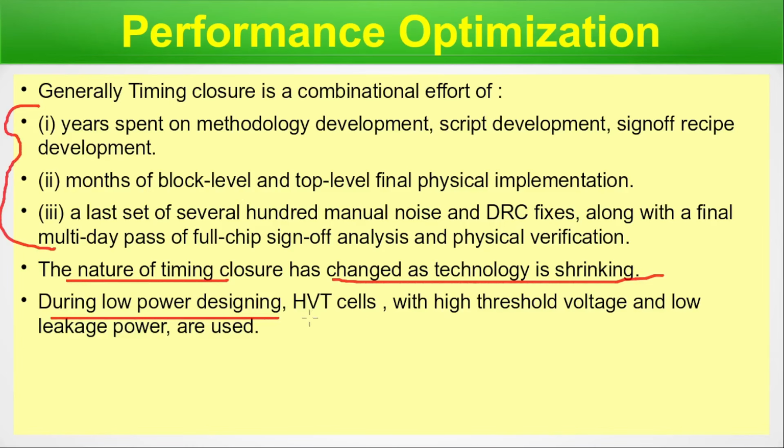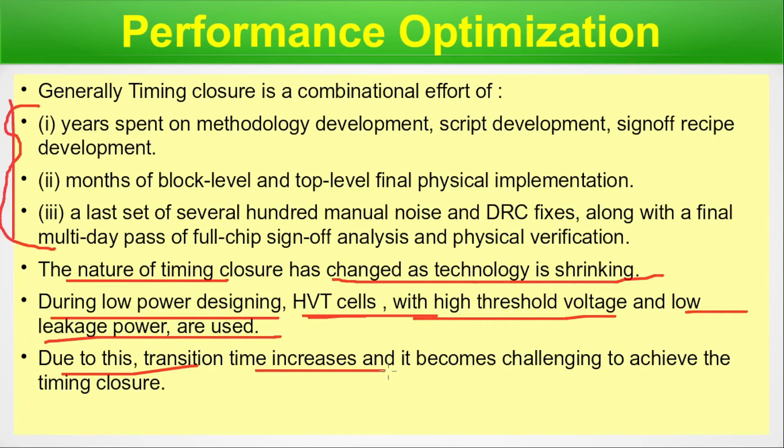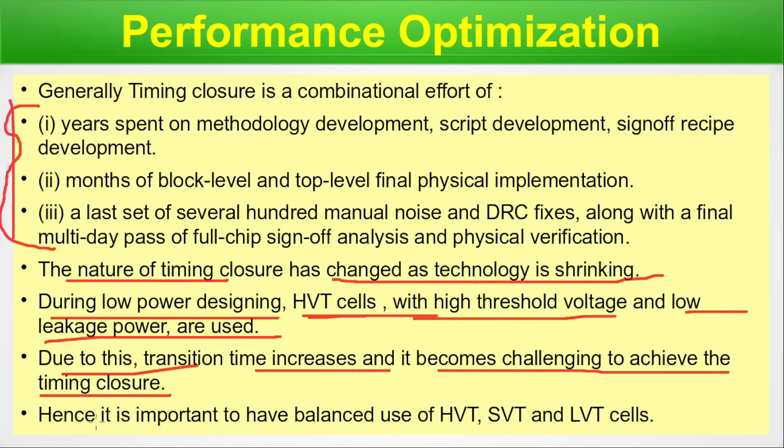During low power design, HVT cells, that means high threshold voltage and low leakage power, are used. This is one of the things that comes from the designer, not from the methodologies we have talked about here. HVT means high VT. Due to this, transition time increases and it becomes challenging to achieve timing closure. Hence it is important to keep a balanced use of HVT, SVT and LVT cells.